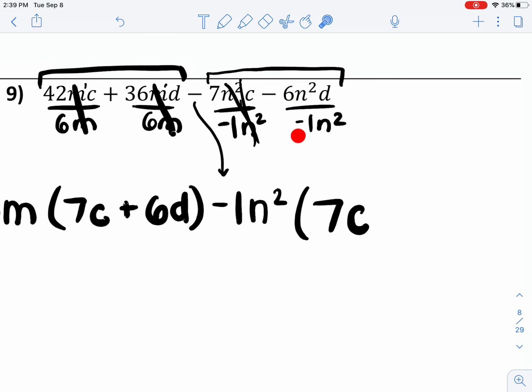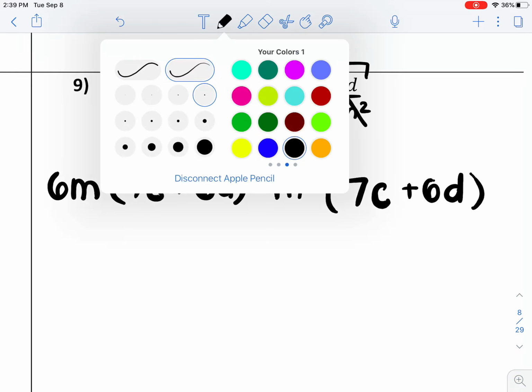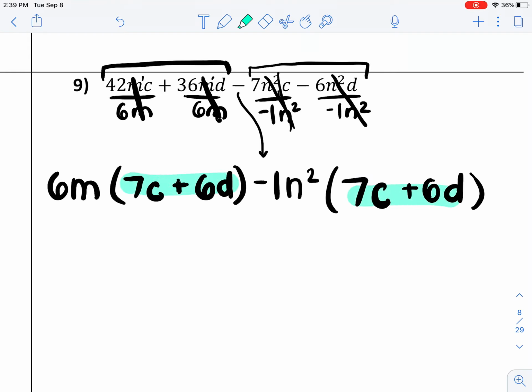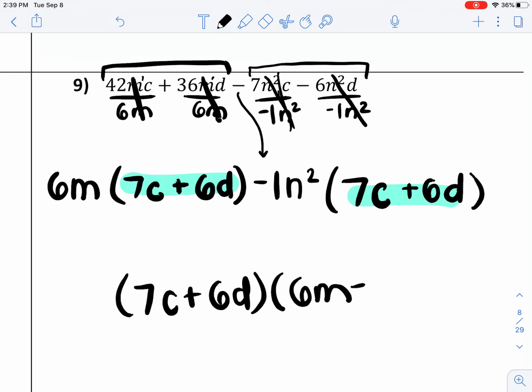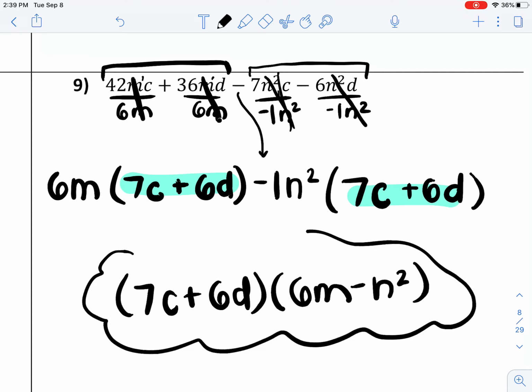And then negative 6 divided by negative 1 is positive 6. And the n squareds match again, so those cancel, and I'm left with just d. And again, these guys match, so I can pull it out, 7c plus 6d. And then what's left over, the 6m minus n squared, is my other parentheses. And there's your answer.